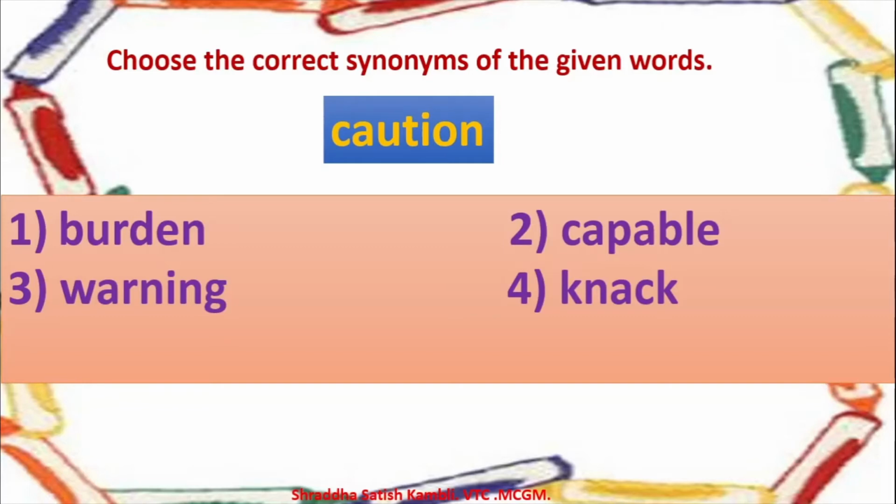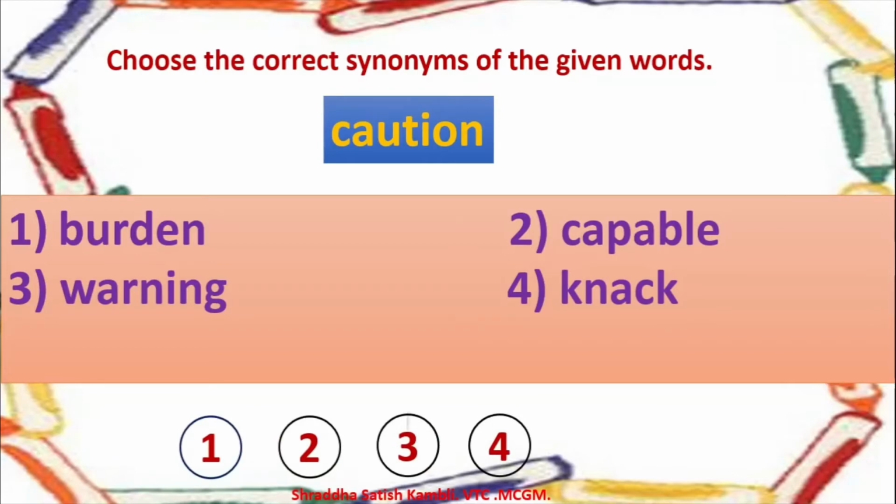Yes, so try and relate this word with a word you might have heard or read or seen before. So the answer is answer number 3, warning. So you can relate caution to the word precaution. Okay, some warning which you get before you do something. Precaution. So these are certain synonyms.